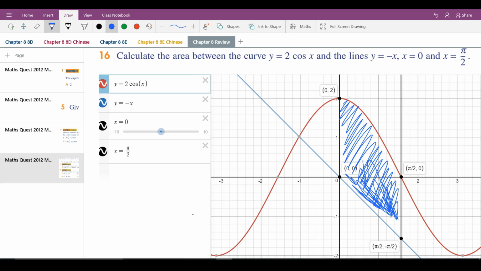Alright, easy, let's integrate. So it's from 0 to pi over 2. Right? So it's top minus bottom. Integrate with respect to x.